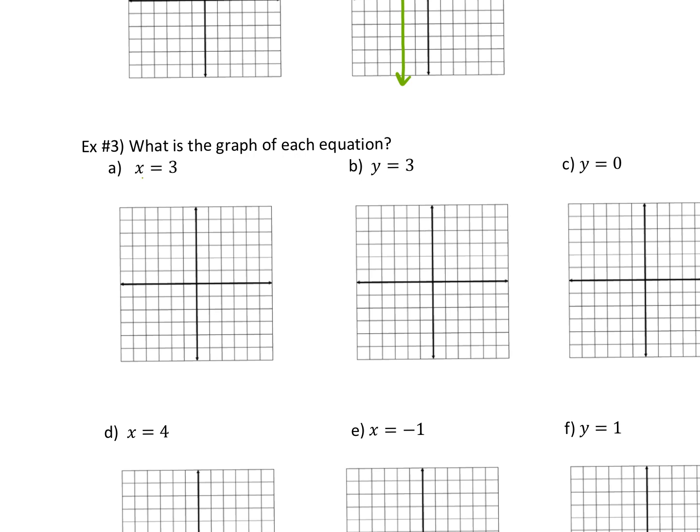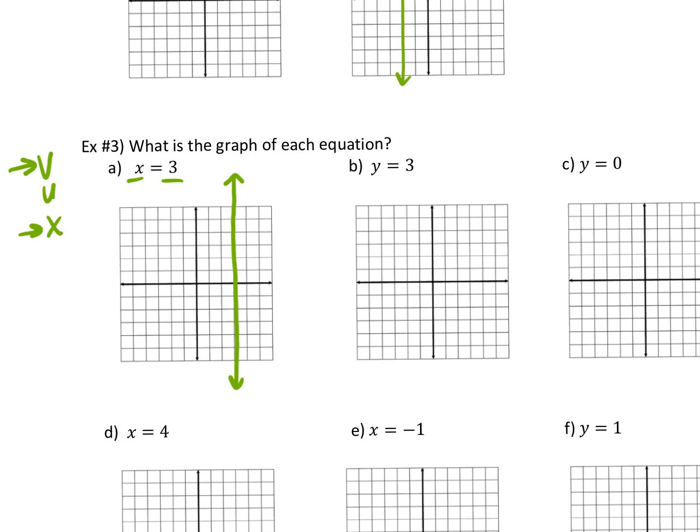This is x equals. VUX is a vertical line. That should tell you right now, this is a vertical line when it is x equals, okay? So HOY, horizontal is y equals. VUX, vertical is x equals. So a vertical line at 3 would be right here. 1, 2, 3. Like that.